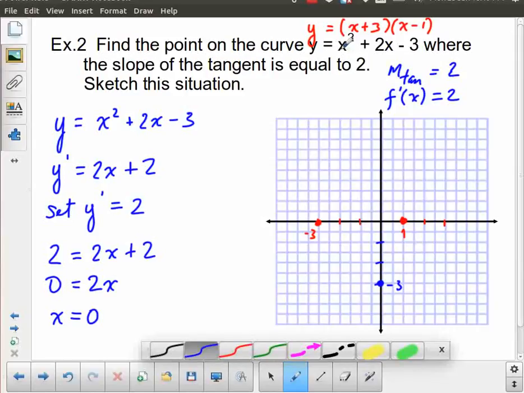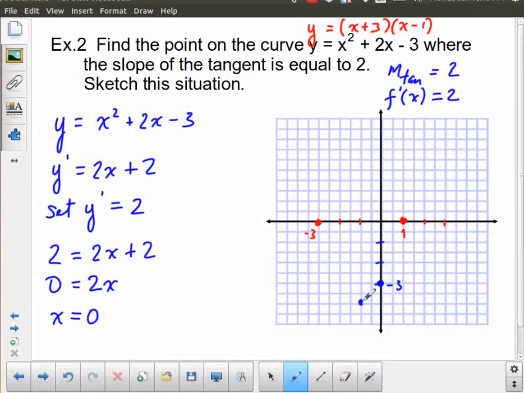If I put negative 1 in here, I end up with 1 minus 2 minus 3, which is equal to negative 4. So we end up with our vertex down here at negative 4. And by symmetry, we would have another point here. So I end up with my parabola looking something like that.